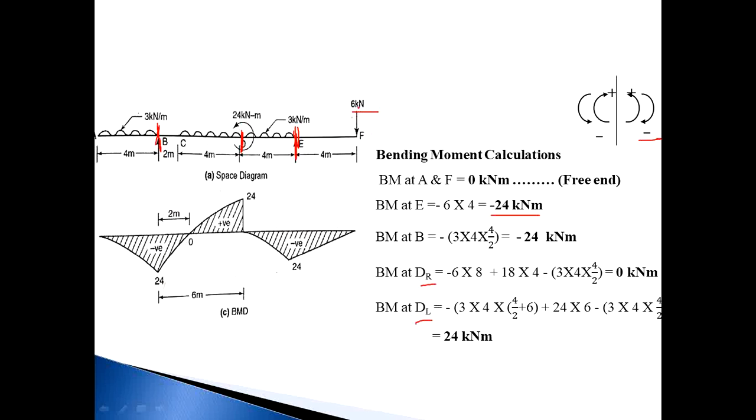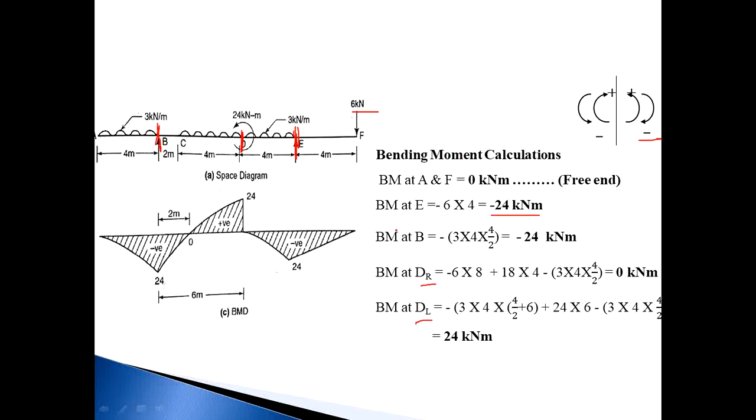The direction of moment for this 6 kilonewton is clockwise. Then the direction of moment for this 18 kilonewton is anti-clockwise. So anti-clockwise moment is positive, clockwise moment is negative. Then for this UDL it is clockwise, so clockwise moment is negative.